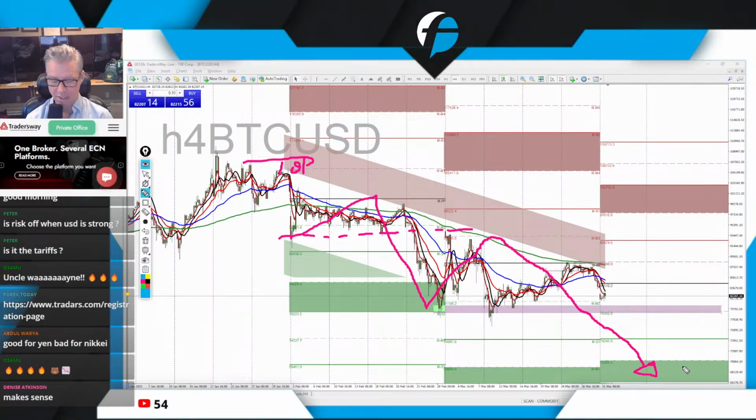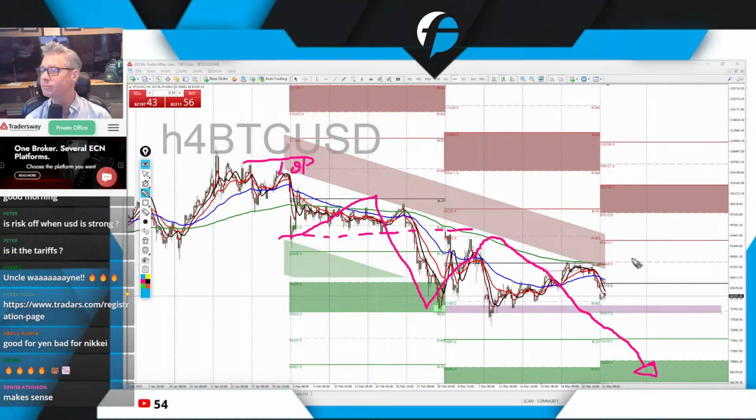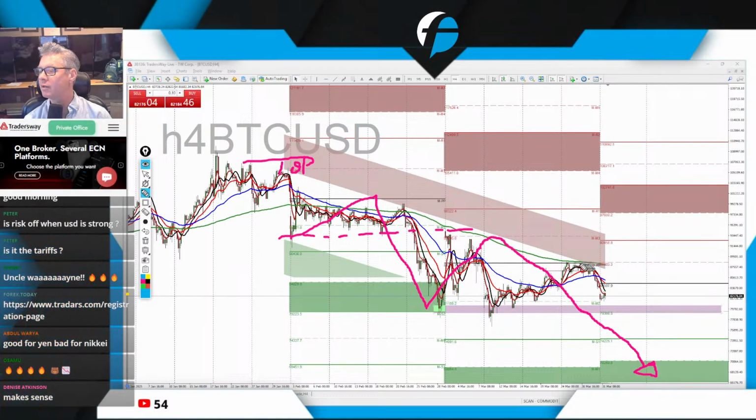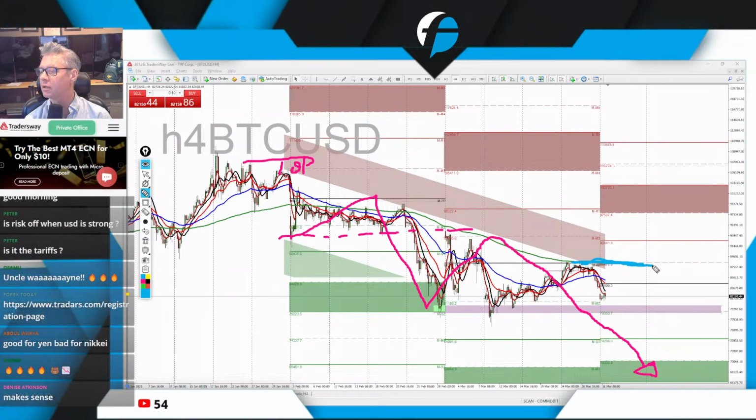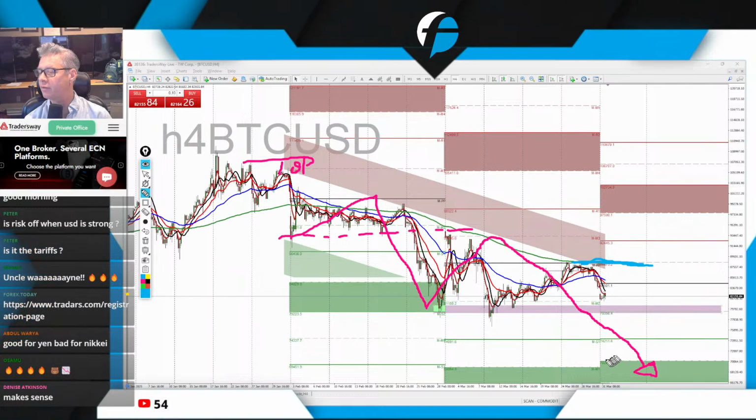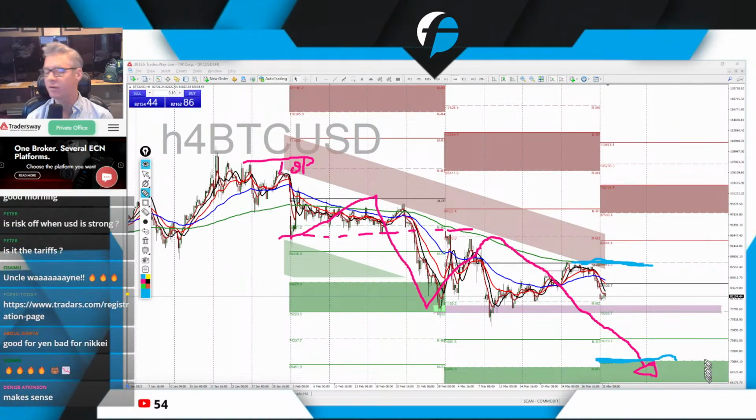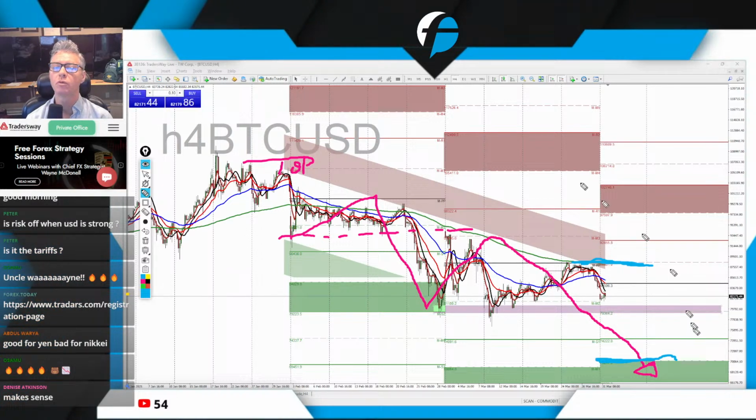But then if you look at the month of April, this is the projected top if you're a bear. And therefore, this is the projected low if you're a bear. And that's 70,000. We're at 82.